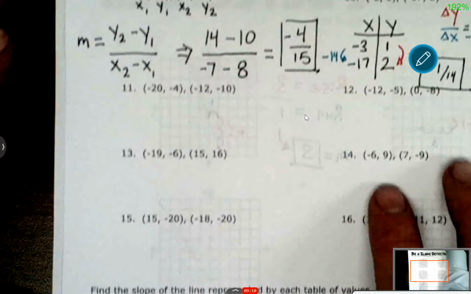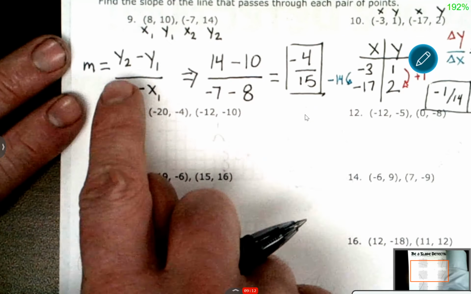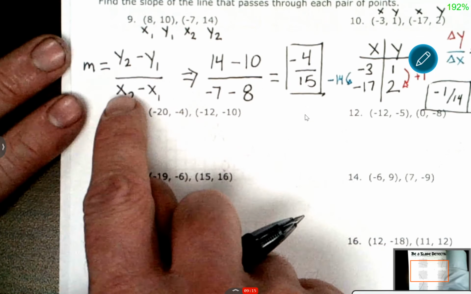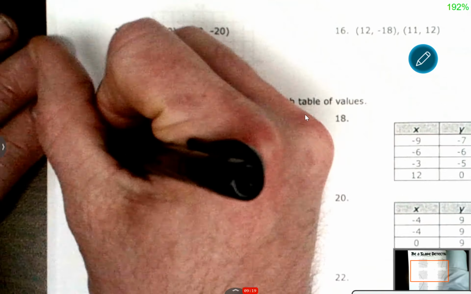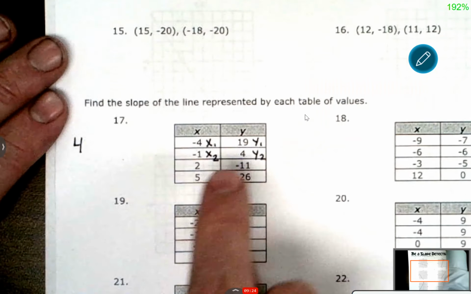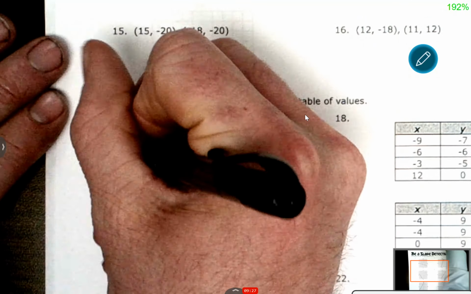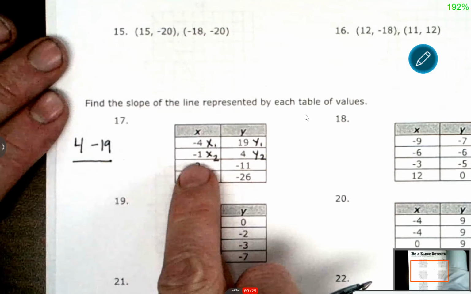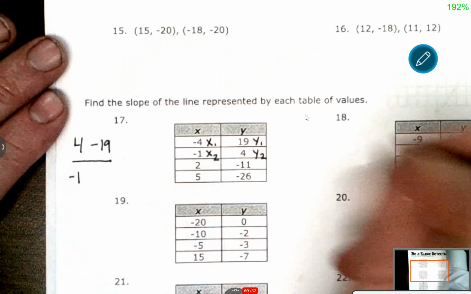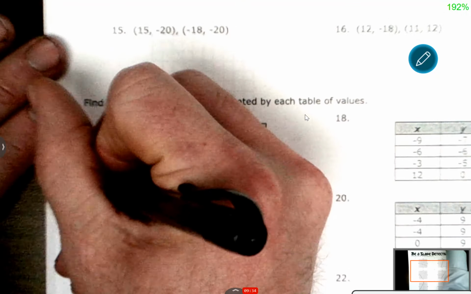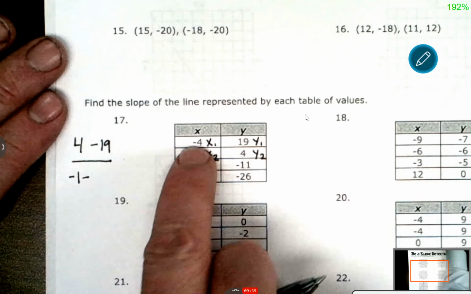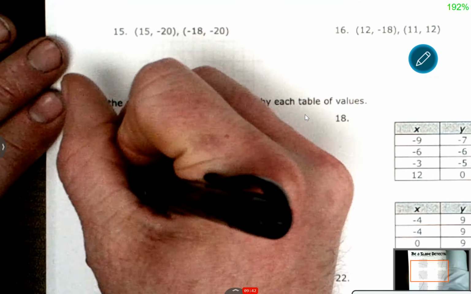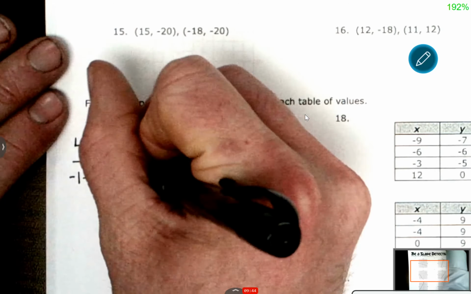Hopefully you have it handy, but if you don't, the slope formula, y2 minus y1, x2 minus x1. y2 is 4 minus 19. x2, negative 1, minus, and this is where it's really important to do parentheses. It's always minus the number. So it's going to be minus x1, which is negative 4.